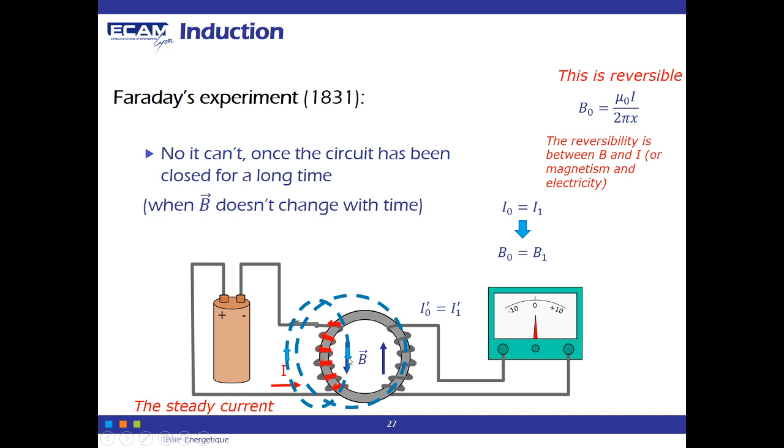Due to these red arrows, by using the right-hand rule, we will have such magnetic flux density around the coil. And there will be a certain flux interfering with the secondary coil. So they are electrically isolated but not magnetically isolated.